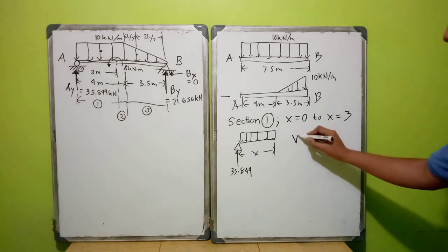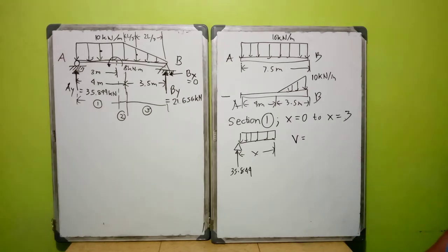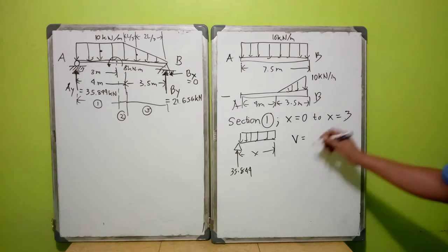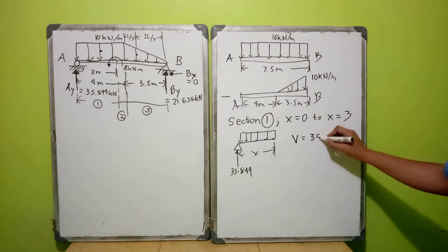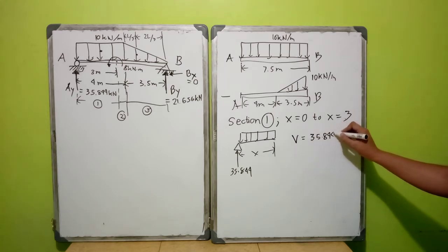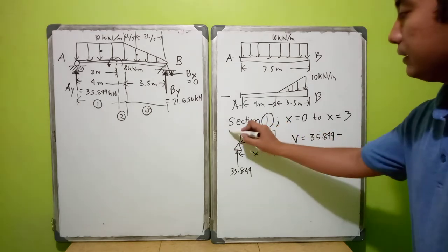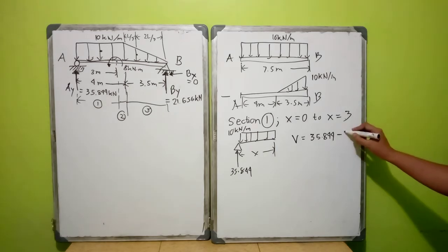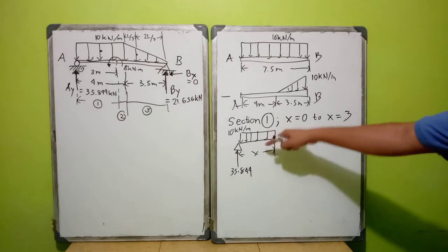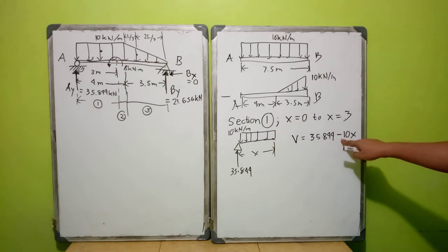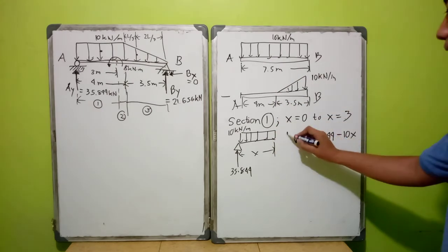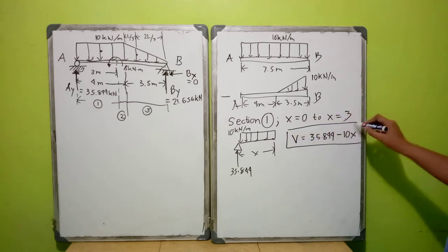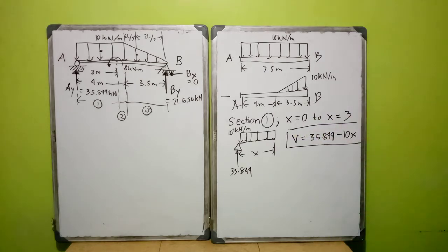So therefore, your shear is equivalent to 35.844 minus, since this is 10 kilonewton per meter, we have 10x. Since this is a downward force, it has a negative sign, negative 10x. So this is your shear equation from x equals 0 to x equals 3.